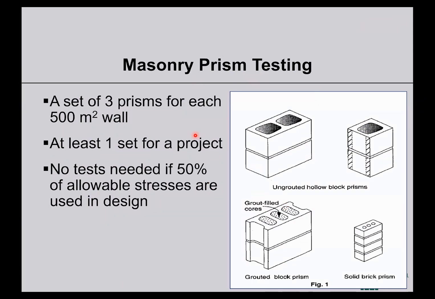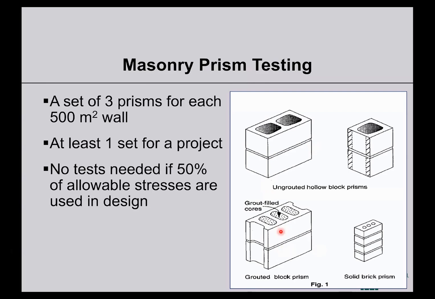To design a masonry structure, we need to know fm, that is the compressive strength of the masonry unit. To determine that value, we can make units of masonry like this.